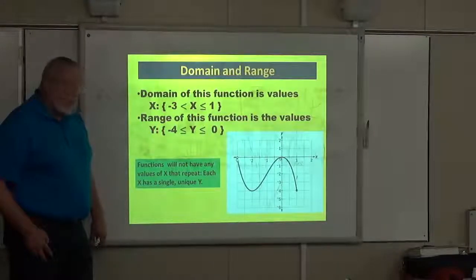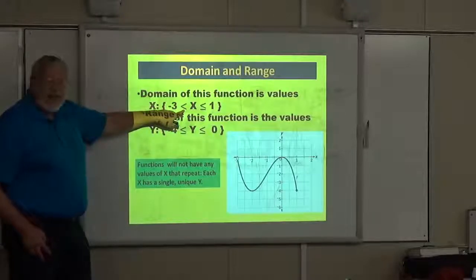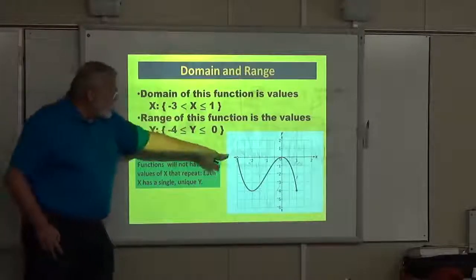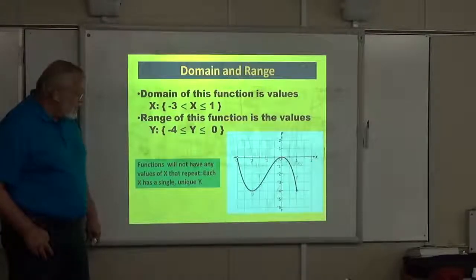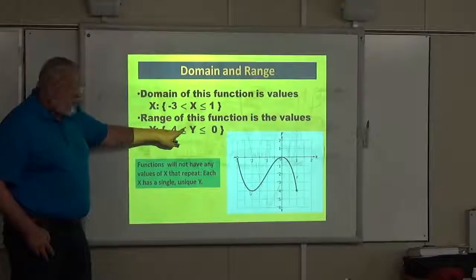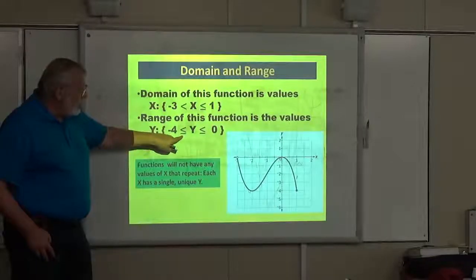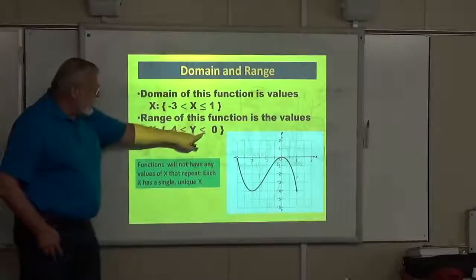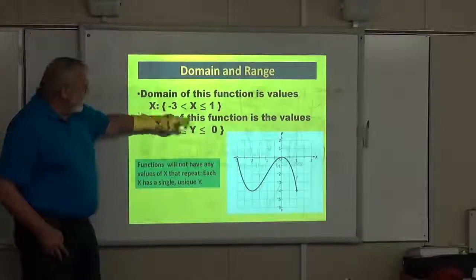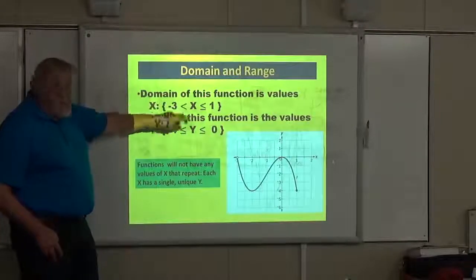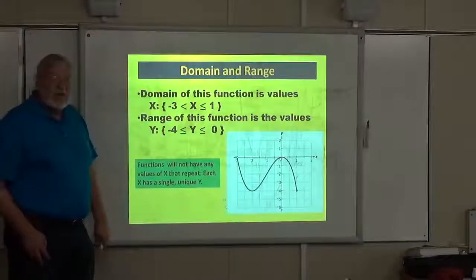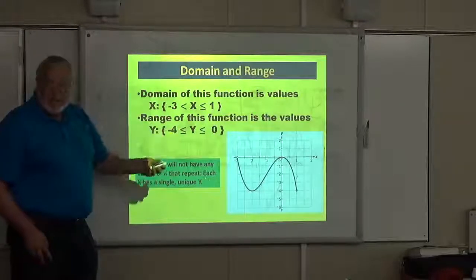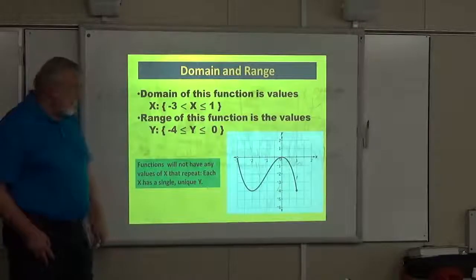A low value of -3, but it is just greater than, not equal, because that circle is open. Now, it touches -4, so it could be greater than or equal, and it touches 0, so it could be less than or equal. And so this becomes the domain of this function, and this is the range of the function. Just figuring out the limits of the x's and the limits of the y's.